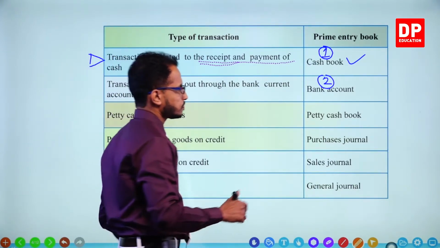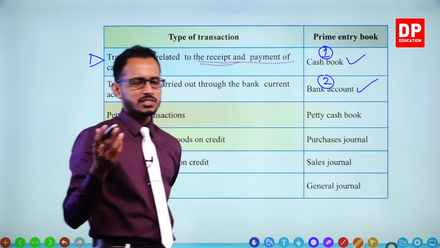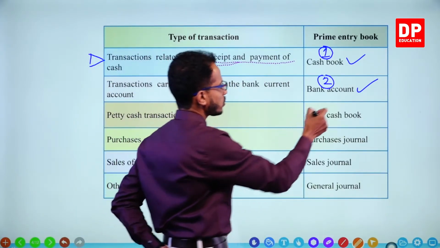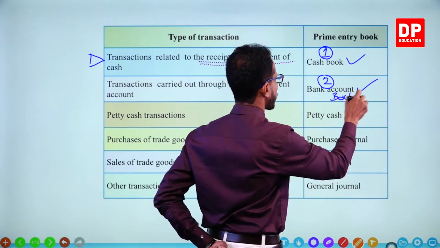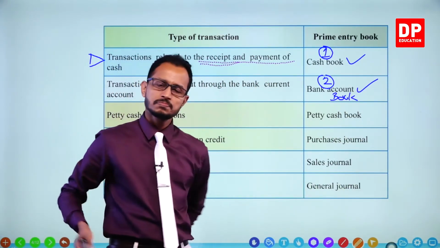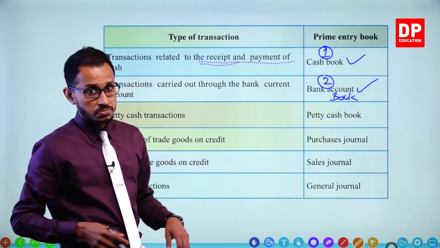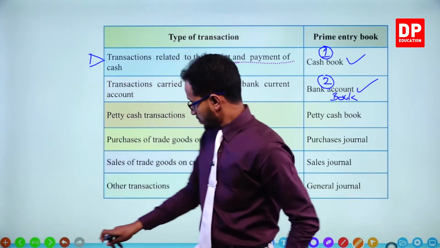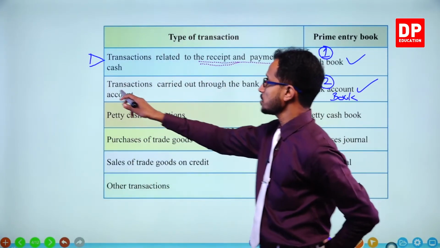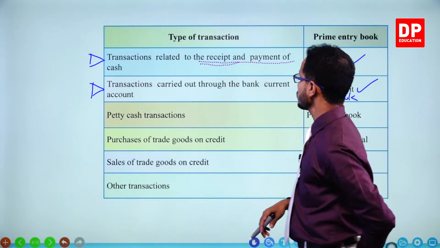Bank account. If you want, you can say bank book. It doesn't matter. Bank account or bank book. What type of transactions go to this? Cheque transactions. Well, when you look at the description, it says transactions carried out through the bank current account.